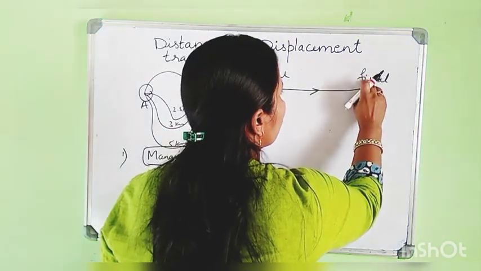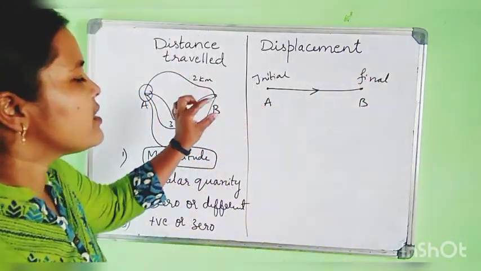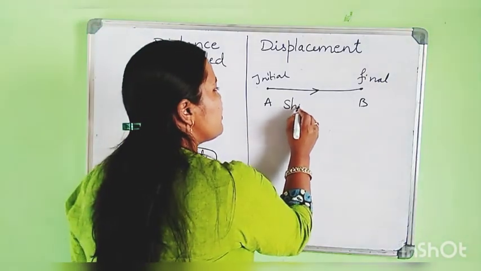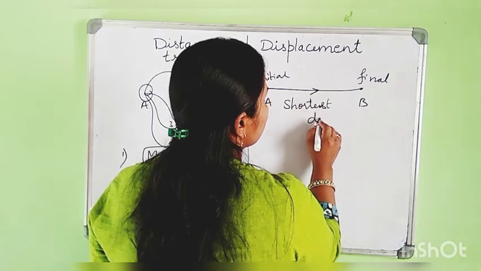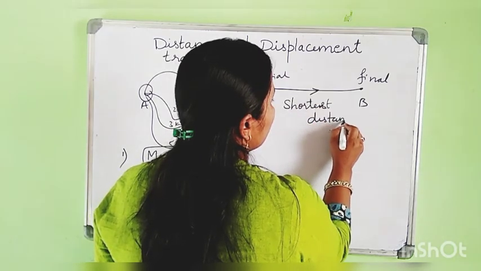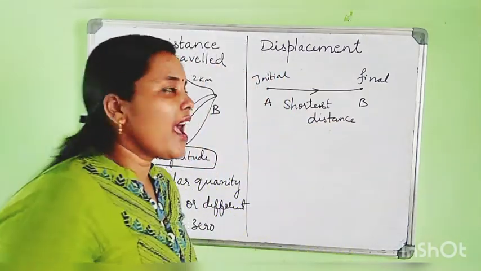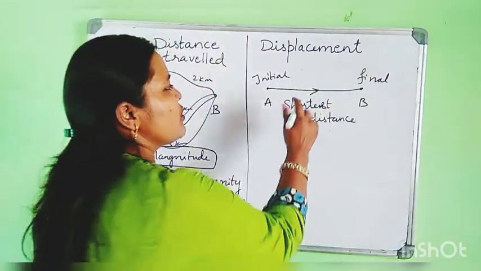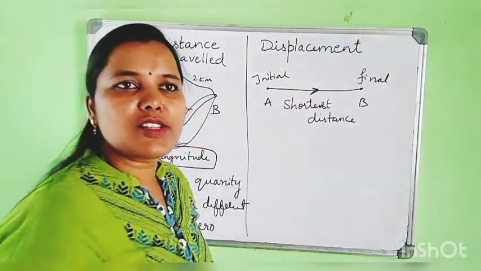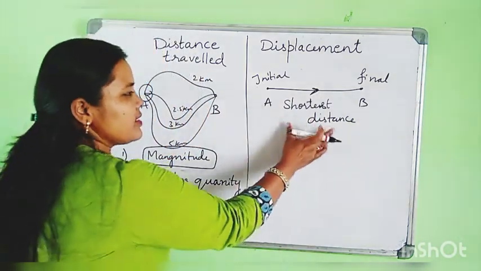Can you follow the difference? It is the shortest distance traveled. So now we have the distance traveled as well as we are showing direction here. This is the shortest distance.